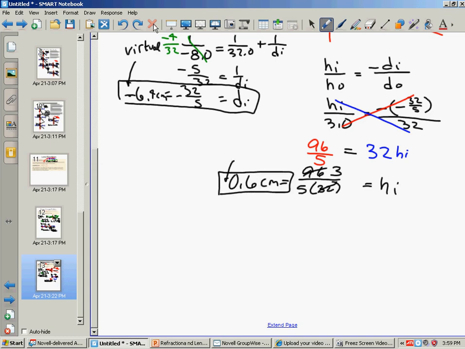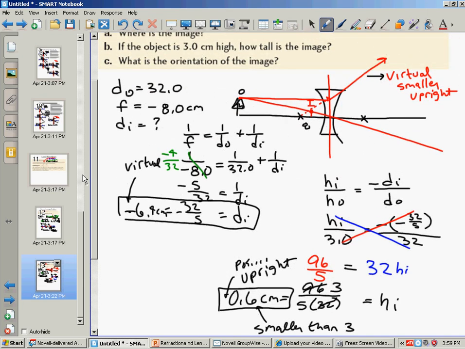And notice how it's positive, which means it's upright. Notice how the number's smaller than 3, which means the image is smaller. All these numbers, when you compare them to the originals, tell you the exact same thing as the picture.